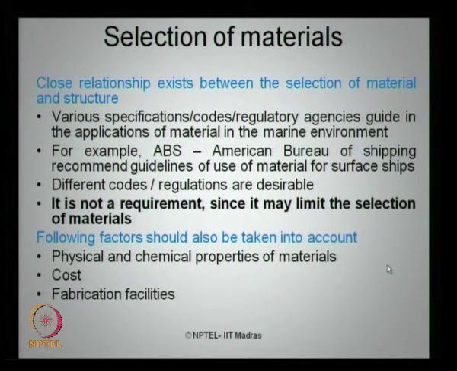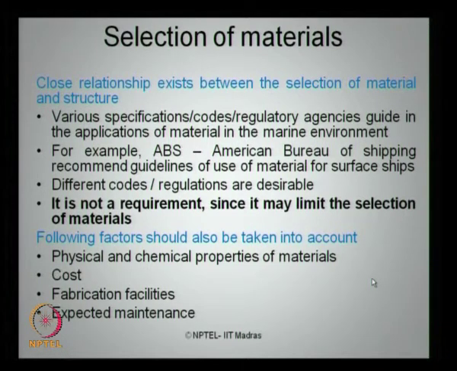Fabrication facilities are an important governing guideline if you want to select a material for offshore structural fabrication systems, because the material should be constructible and fabricatable. It is very important to make it easy and comfortable for the manufacturer or the contractor to fabricate the designed system in the shop floor.